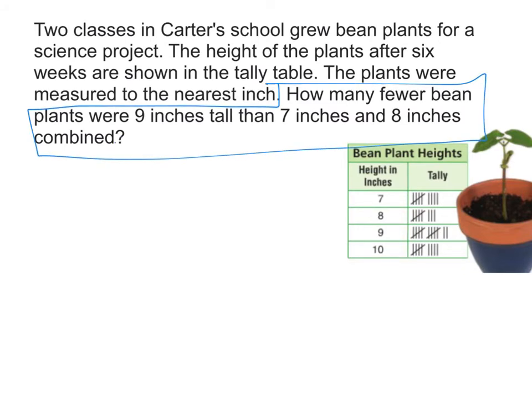It reads, how many fewer bean plants were 9 inches tall than 7 and 8 inches combined? So there are a few things here. We need to figure out how many fewer bean plants were 9 inches tall than 7 and 8 inches combined.